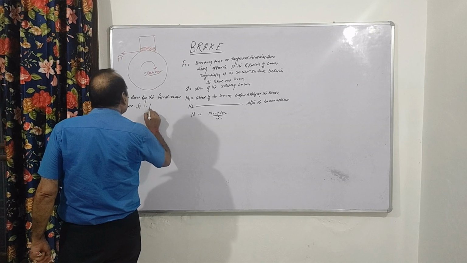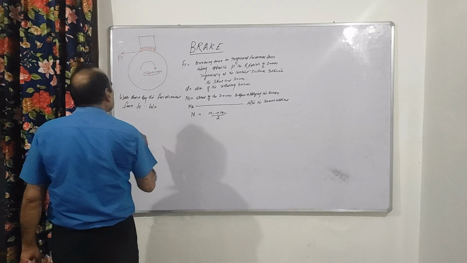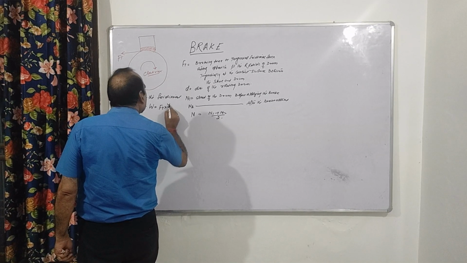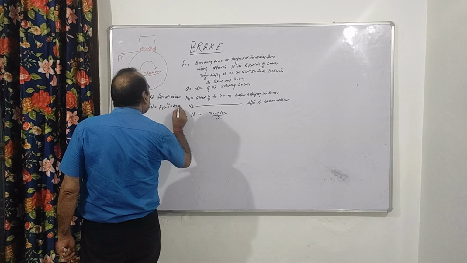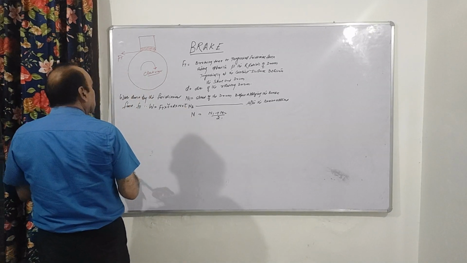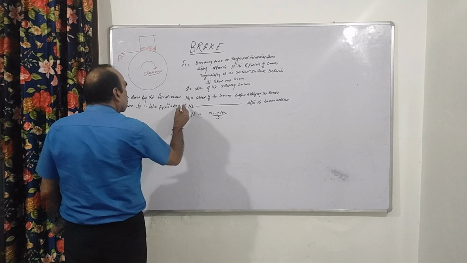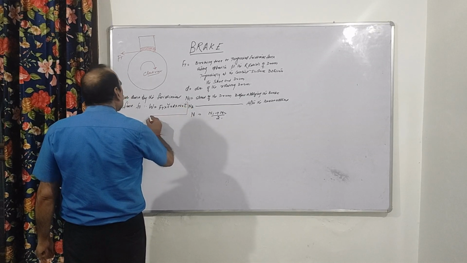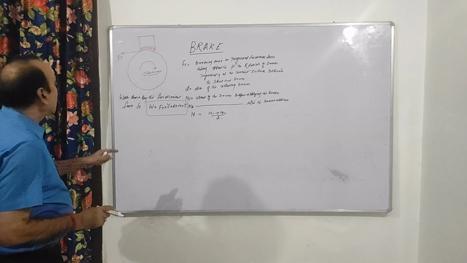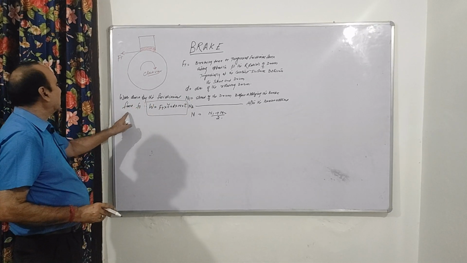This is equal to W = Ft × π × D × N × T. समझ आया जी? सो वर्क डन बाय द फ्रिक्शनल फोर्स कितना?